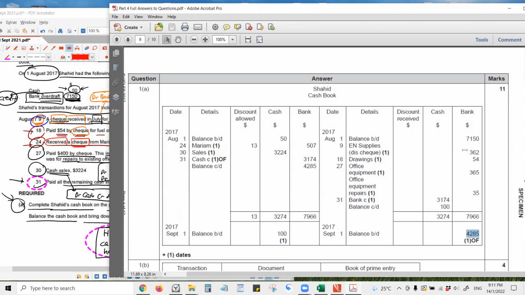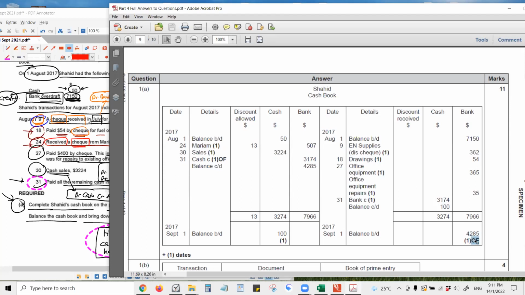You could get a different number here instead of 4285. But if you have done the balancing correctly, even though it's a wrong figure, you would still get the mark. That's the meaning of OF.